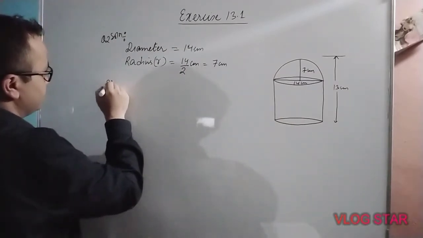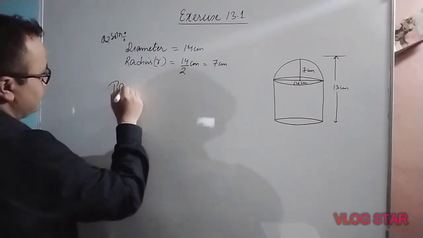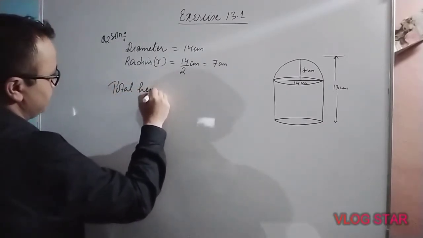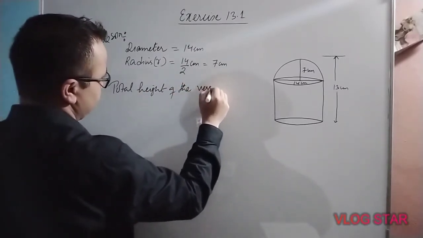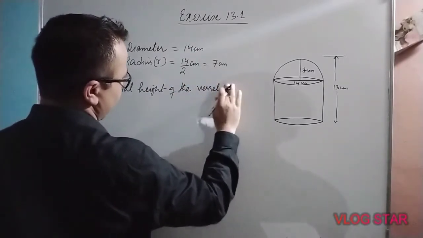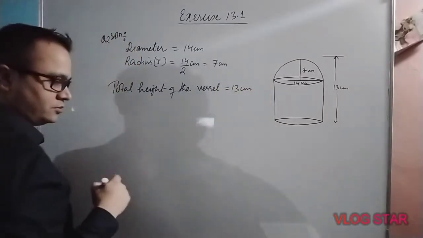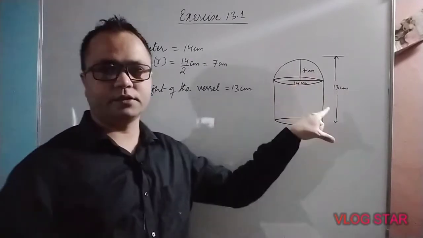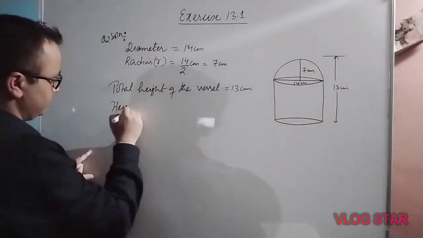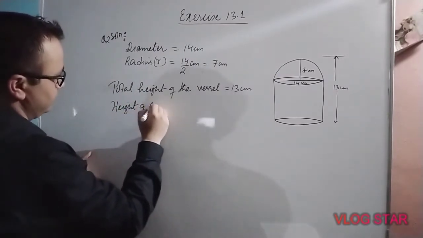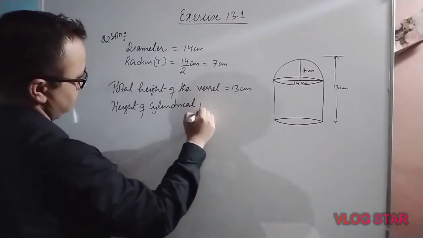Now we have to calculate the height of the cylindrical portion. The total height of the vessel is 13 centimeter.